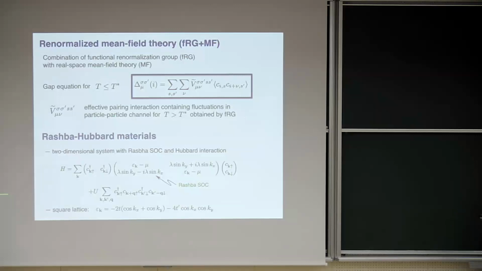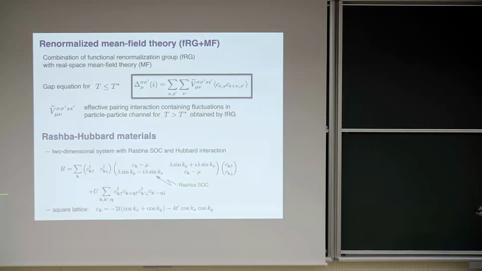And then if this happens at this stopping temperature T star, we formally integrate out the renormalization group equations and solve the inverse Bethe-Salpeter equations, and then we get a real space mean field theory of this form here, where we can self-consistently compute the gap equation with these interaction parameters V, where V is related to the irreducible particle-particle vertex from the functional renormalization group in the particle-particle channel.